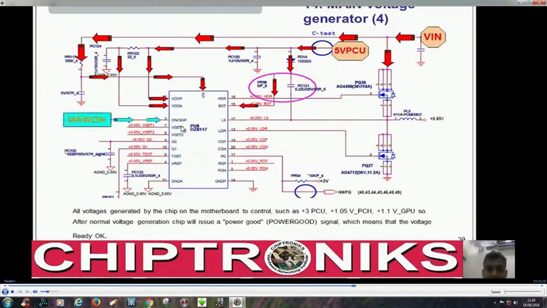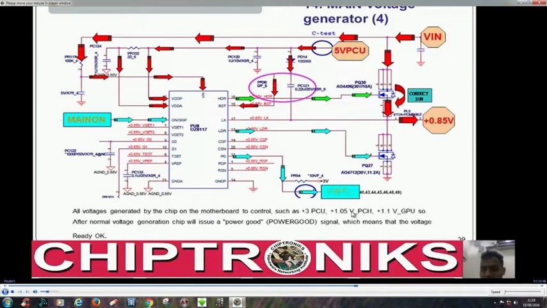You can see main on is coming, so it will generate drive high and drive low, and this will switch this MOSFET to generate the 0.85 volt. So main on and sus on are enabling all the voltage regulators on the notebook motherboard to generate the rest of the voltages, right? And again you can see this is also generating hardware power good.